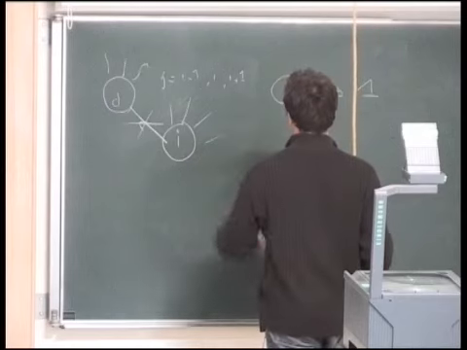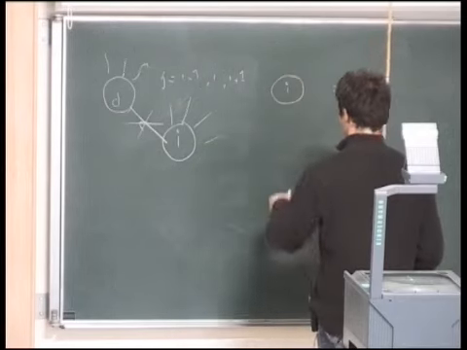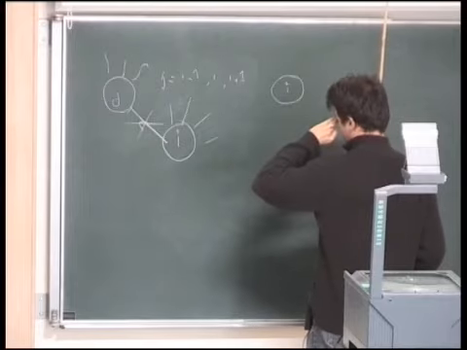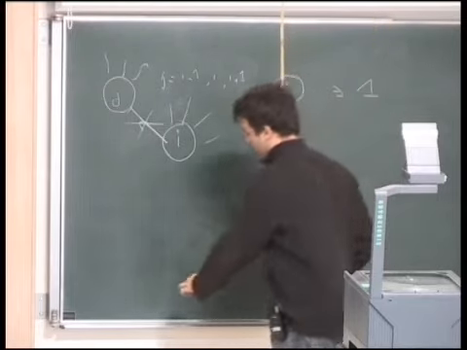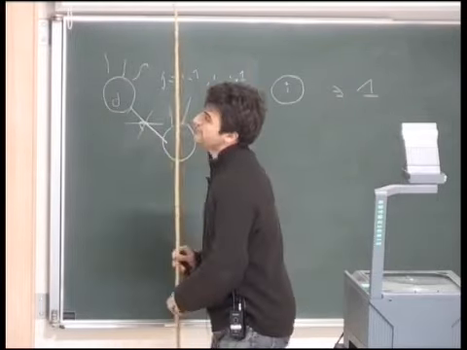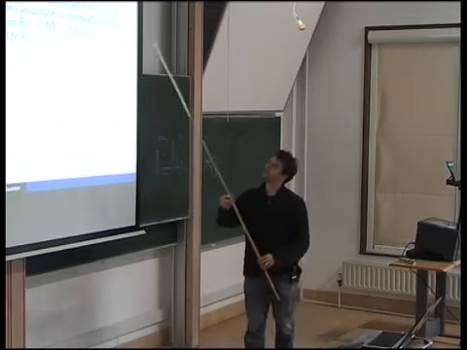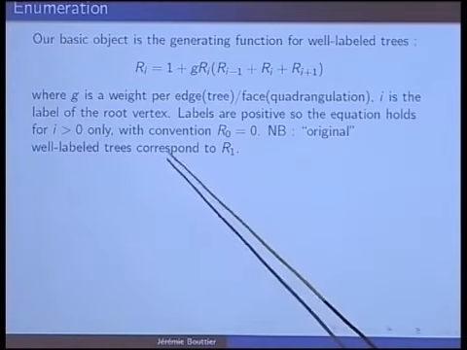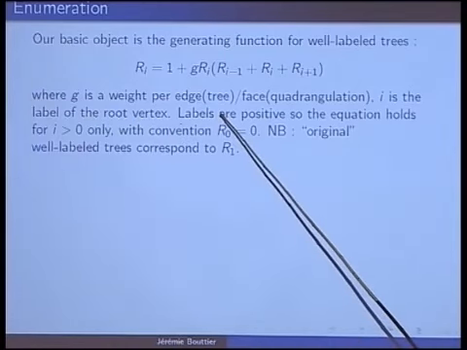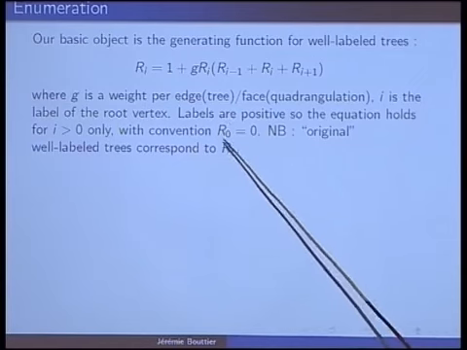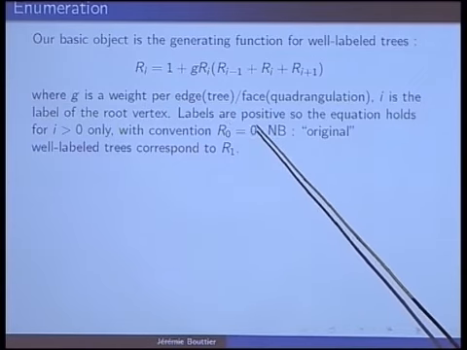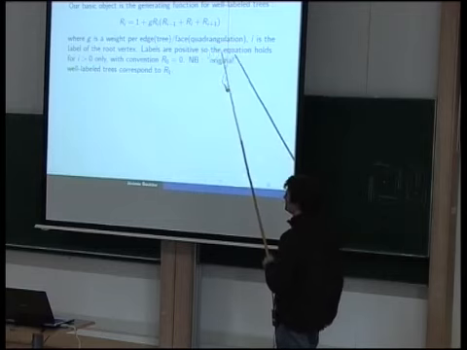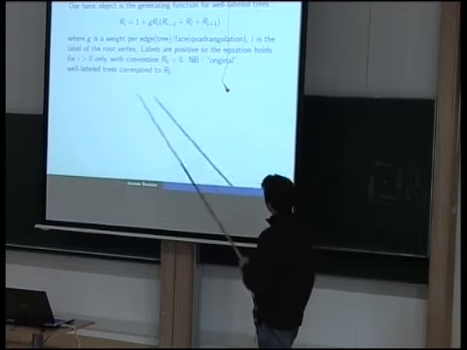Then you add a weight per edge, and this decomposition immediately translates into this recursive equation. This equation has a unique solution as a power series in g, where g is the weight per edge in the tree, corresponding by the Schaeffer bijection to a face in the quadrangulation, and i is the label of the root vertex.